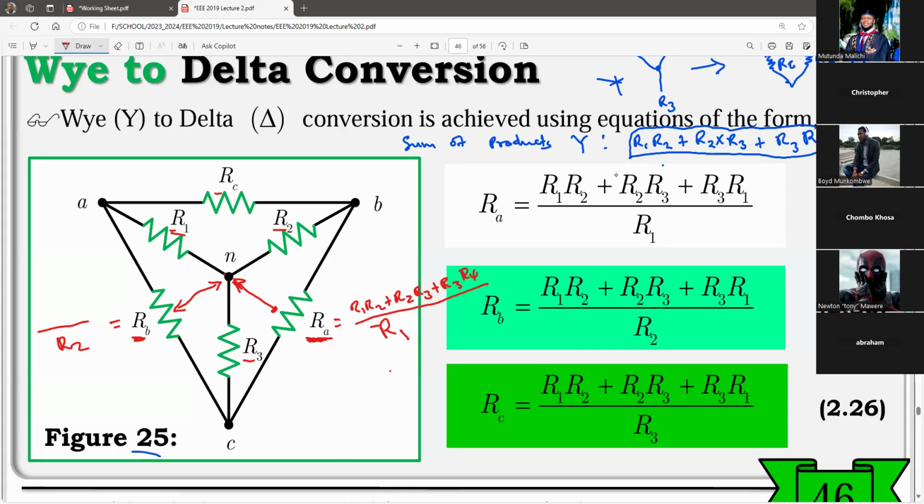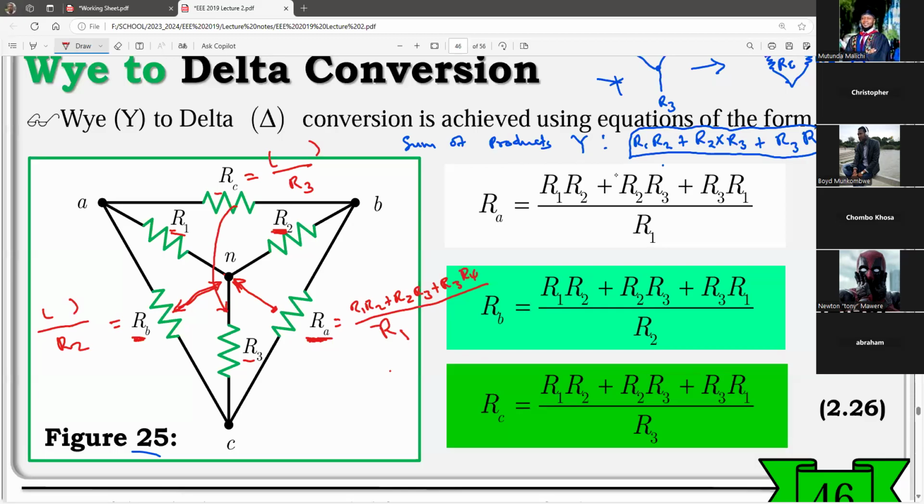So if you look at RB and directly opposite to RB on the Y, you have R2 there. That becomes the denominator. Equally, to get RC, the denominator should automatically be what? R3. But the numerator is the same.